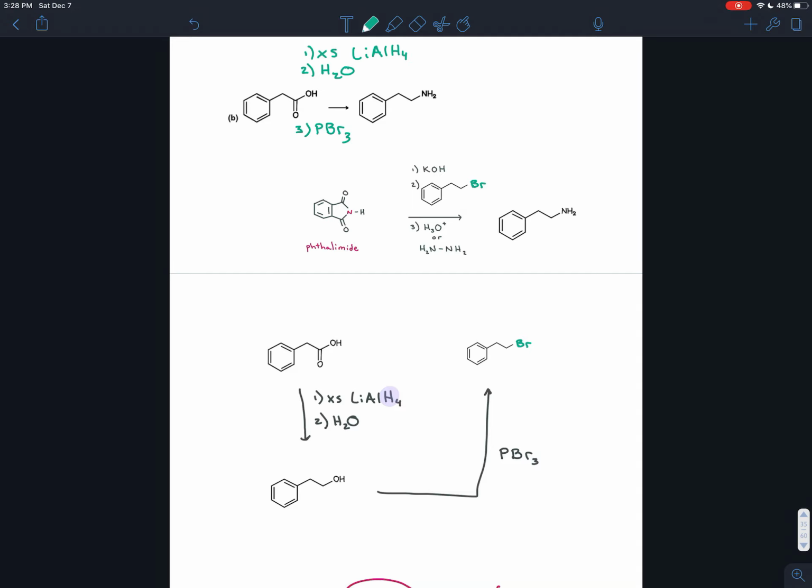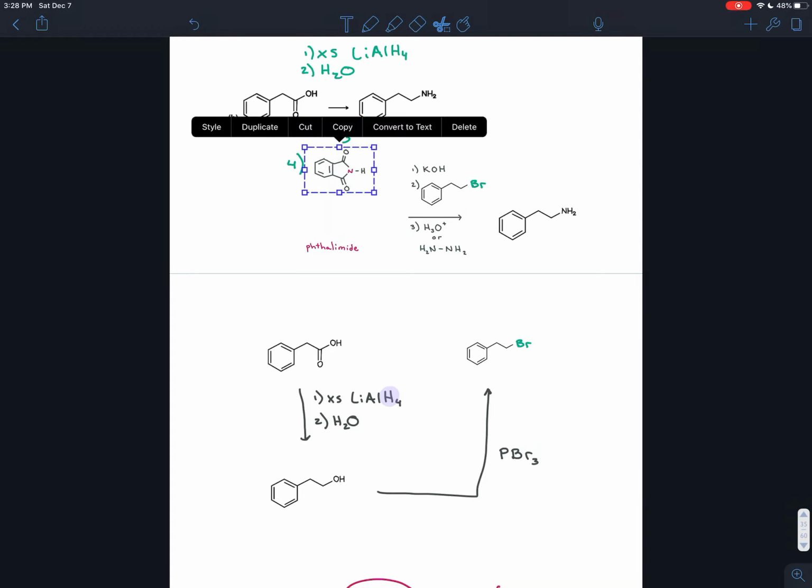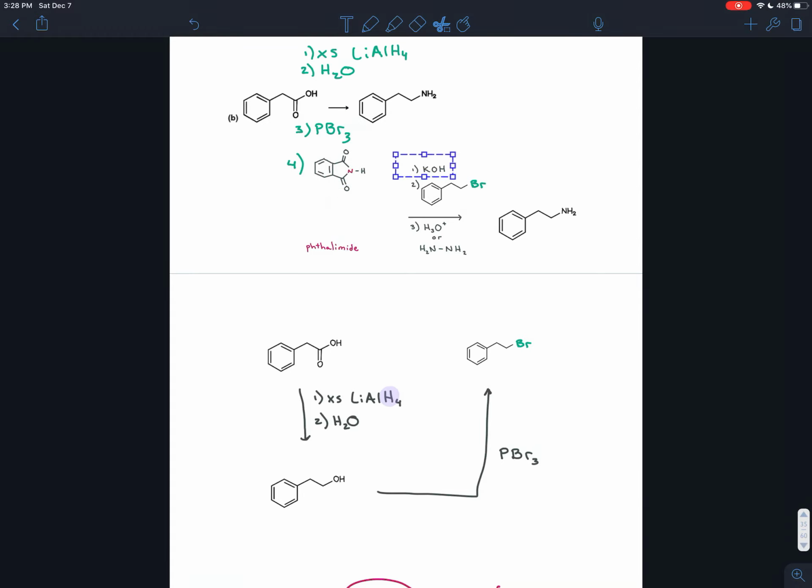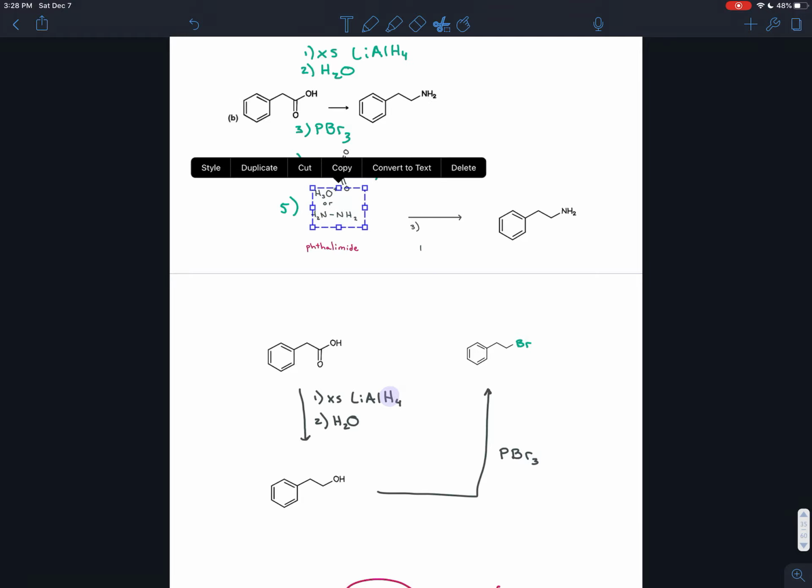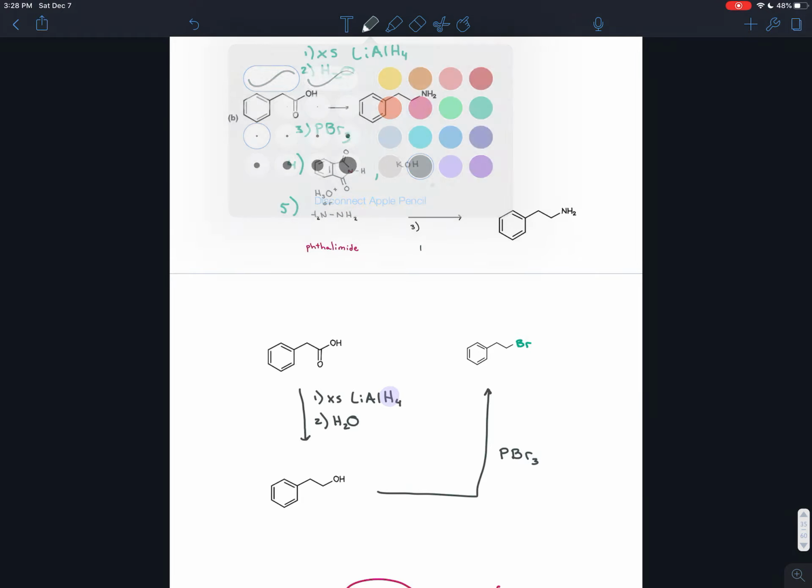And once we have that, we can use phthalimide in the presence of potassium hydroxide followed by the alkyl halide that we wanted, that we have at this point, so this is already there, and then finish that off with either hydronium or hydrazine.